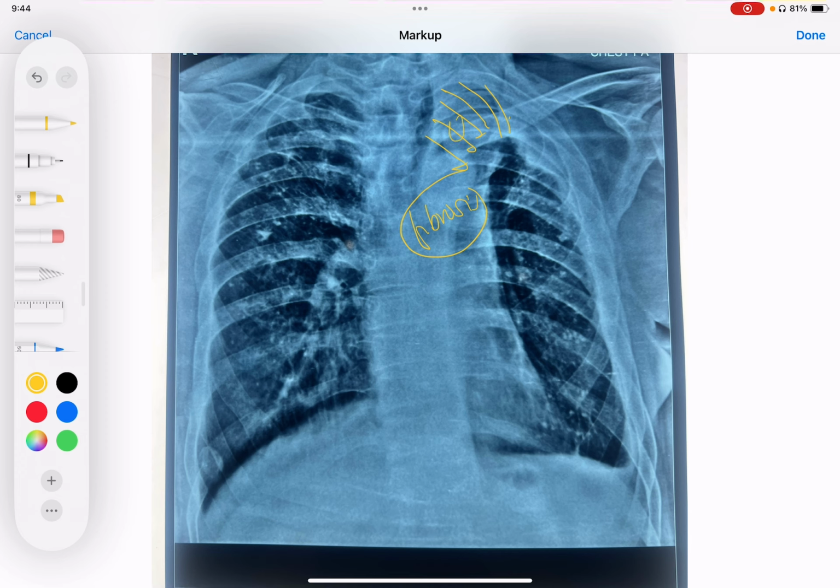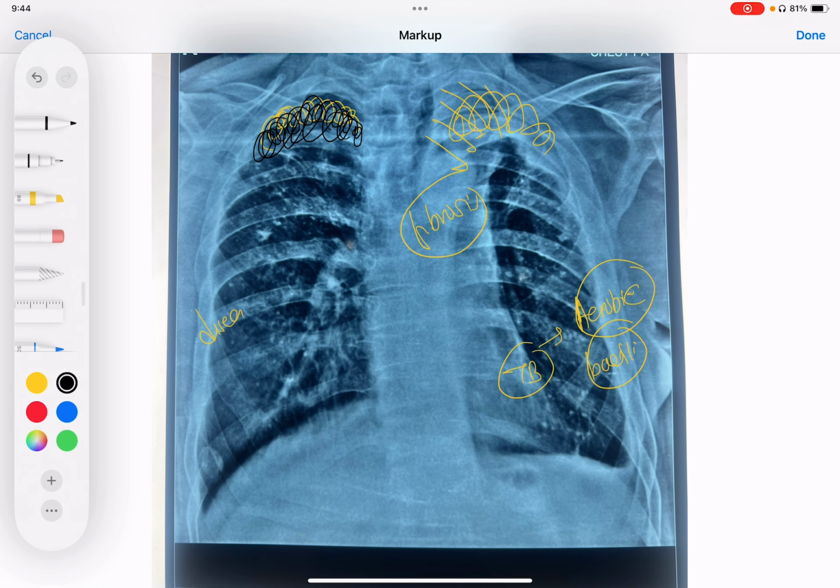So here what we have is fibrosis, and we know that the most common disease which commonly affects the upper portion of the lung is tuberculosis. As we know, tuberculosis loves oxygen. It is an aerobic bacillus, and the upper portion of the lung is full of oxygen.